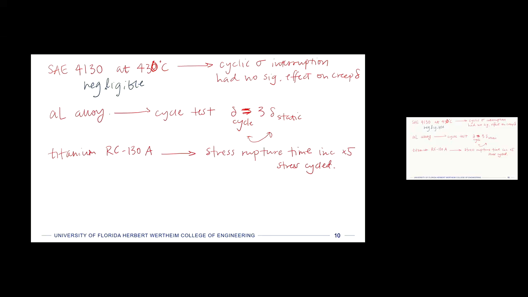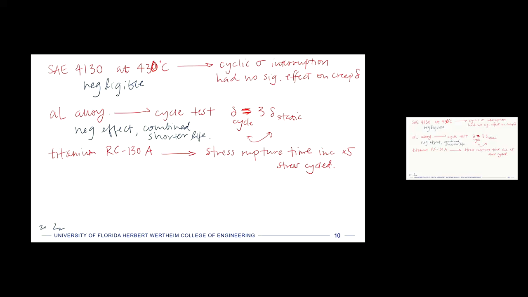For the aluminum alloy, we would say there is a negative effect of the cycling, or a combined effect for a negative result, a shorter life.